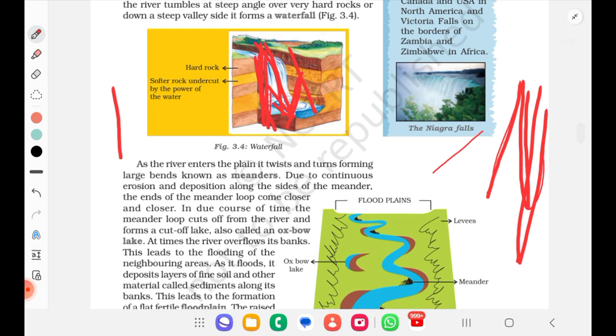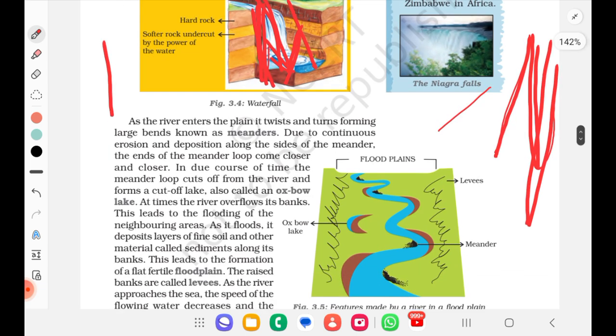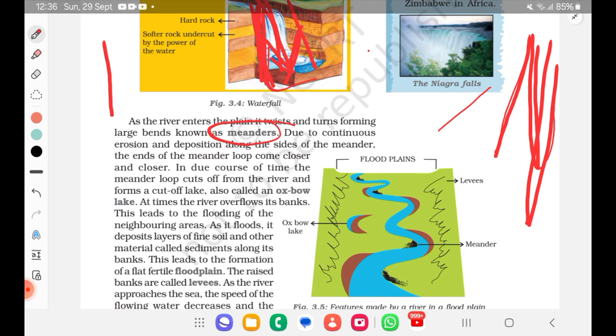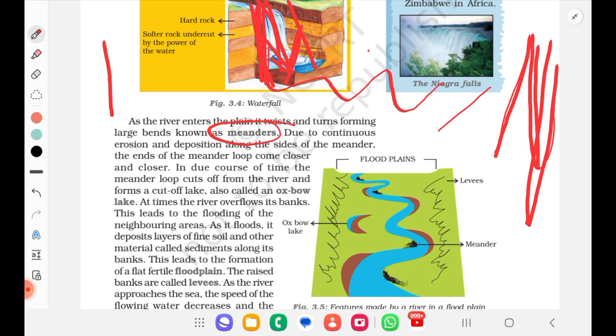As the river enters the plain, it twists and turns, forming large bends known as meanders. When it is steep, it will fall like this. After that, it has to move slowly, because there are no more steeps. Once it starts moving, it forms some curves called meanders. This is called bending. So that is a meander.